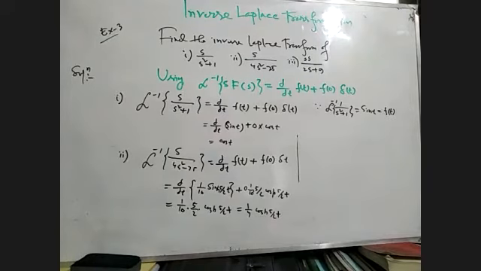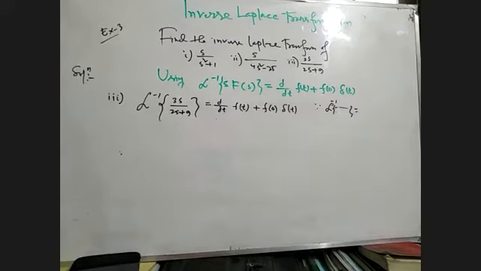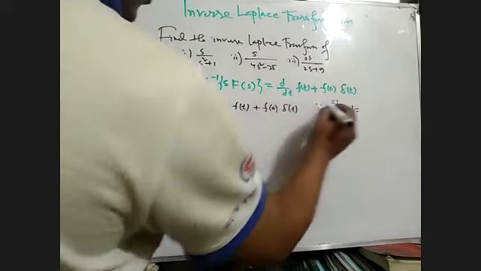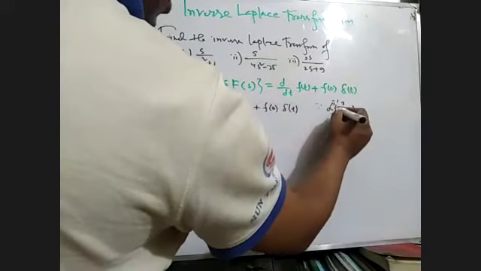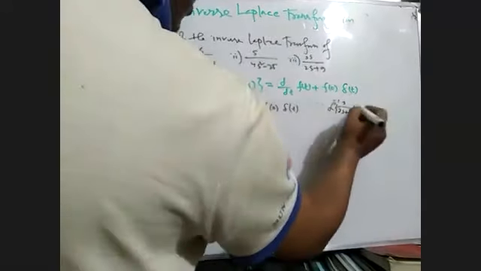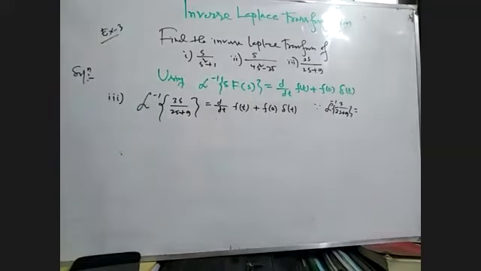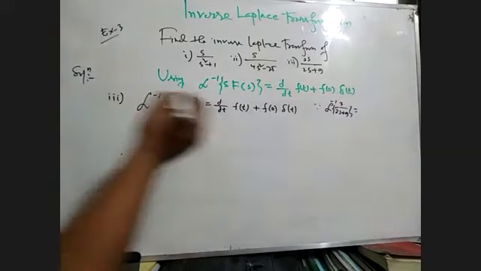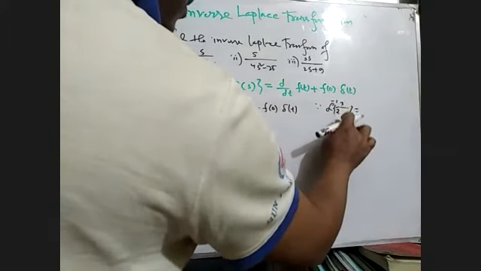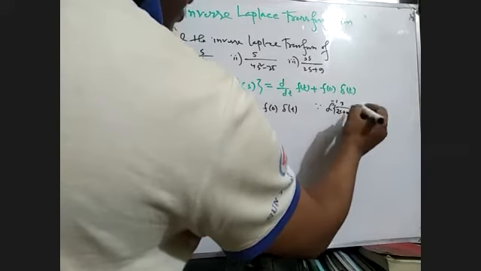Okay, now third part of this example, using the multiplying by s property. How to find the inverse of this? First of all, we have to take 3 divided by twice s plus 9 without multiplication. What will be the inverse of this? You must know, this is the twice s. Twice s plus 9.